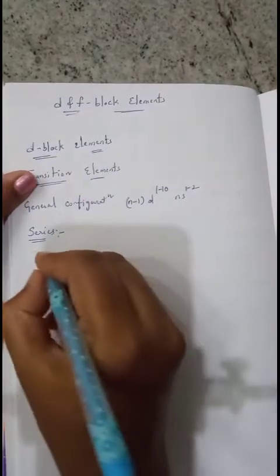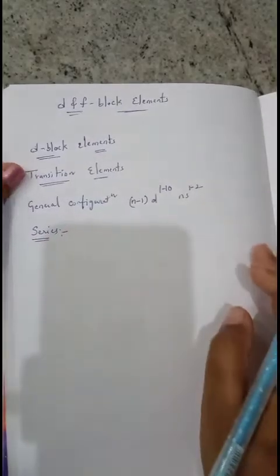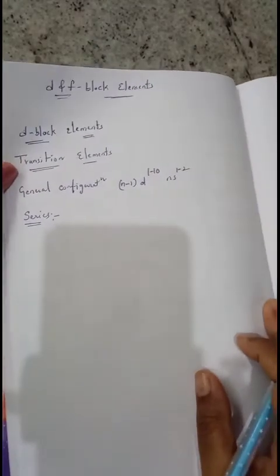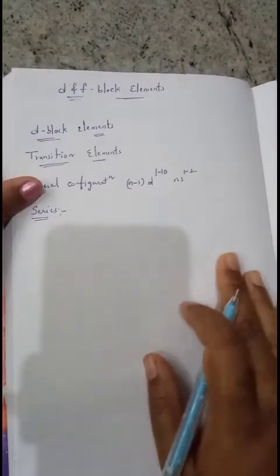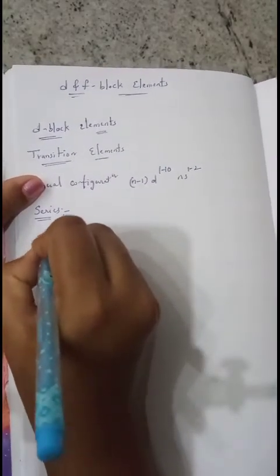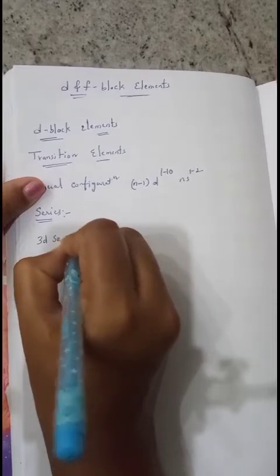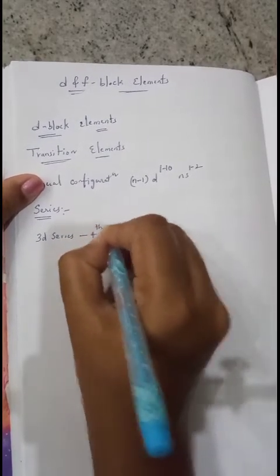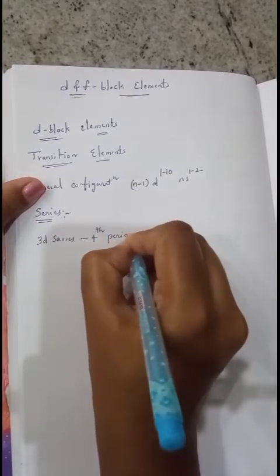First one is the 3d series, because D block elements start with the third energy level. So 3d series elements are considered the first series elements. These 3d series are present in the 4th period in the periodic table.